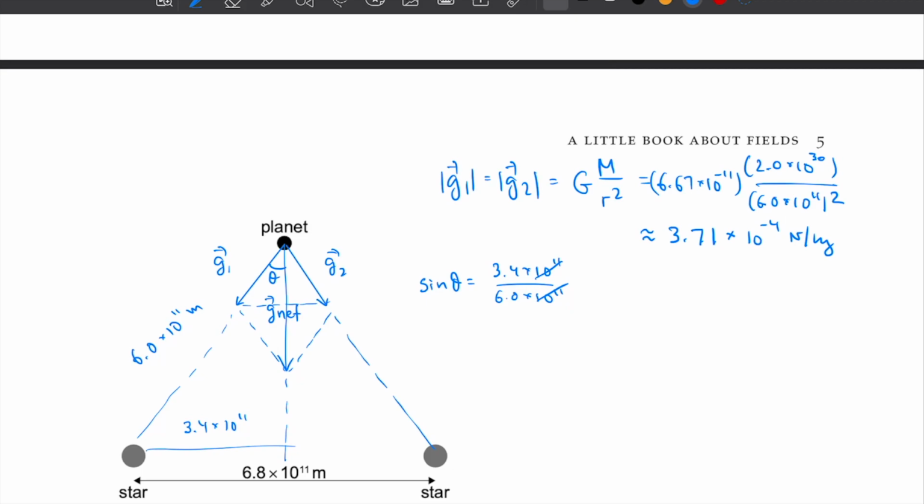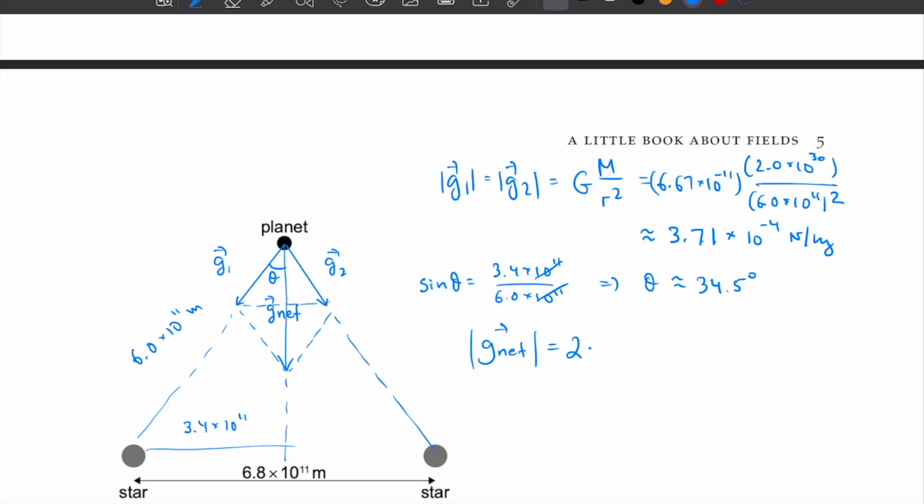So we get sine inverse of 3.4 divided by 6, and that is 34.5 degrees.